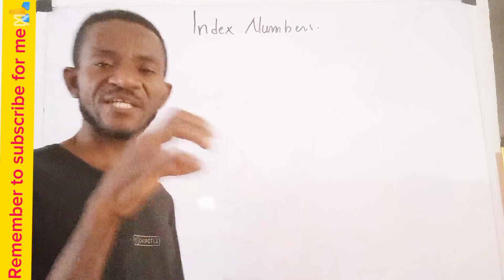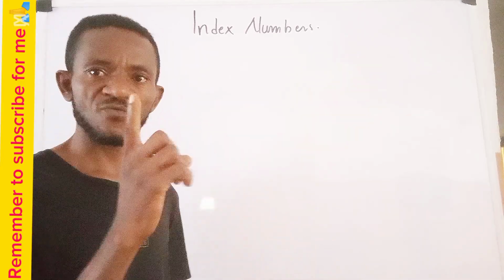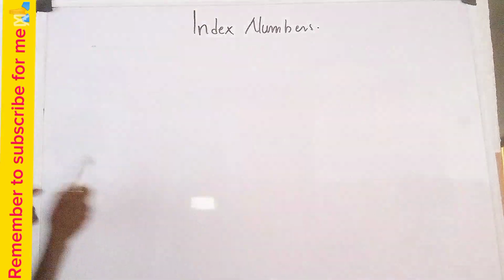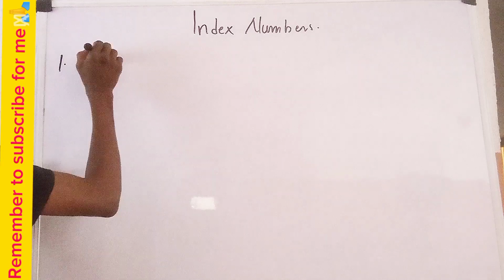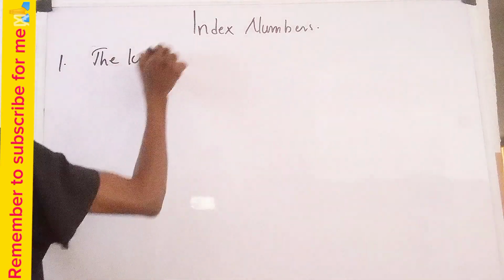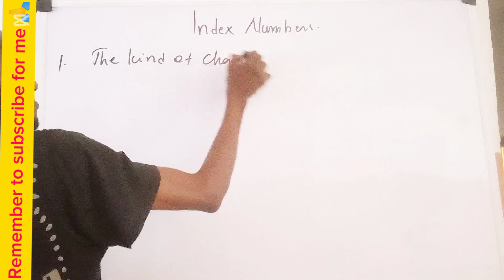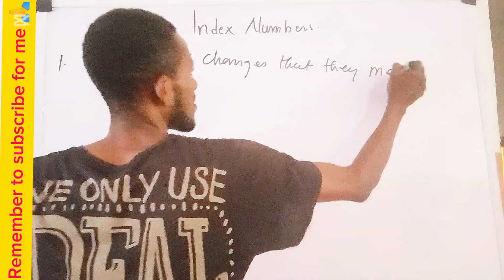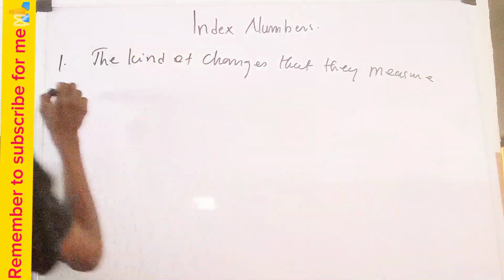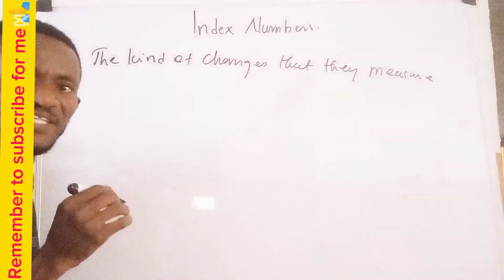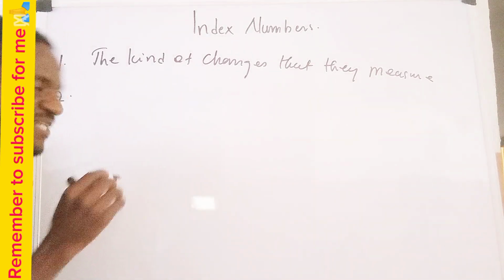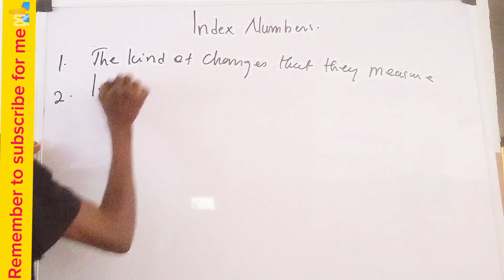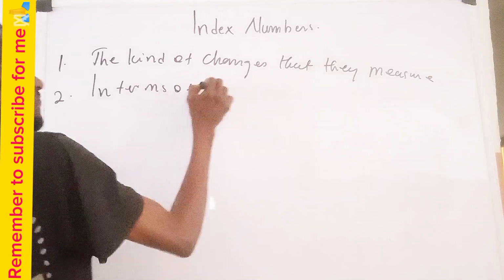And these different kinds of index number are identified in terms of, one, the kind of changes that they measure, and then number two, whether the index number is weighted or unweighted. So we call it in terms of weight.